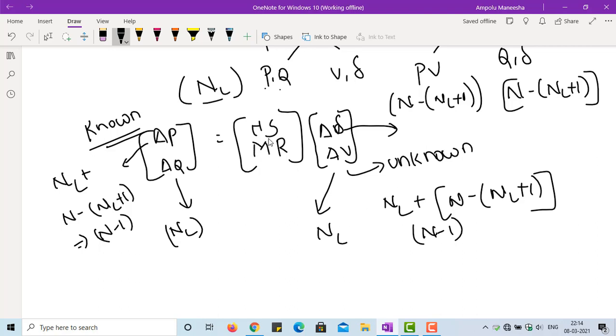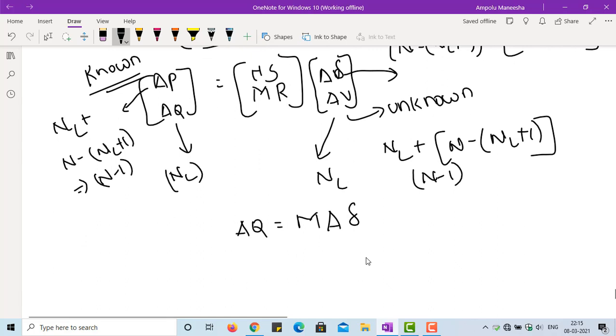And M is related to delta Q and delta delta. So delta Q is equal to M into delta delta, right? So how many delta Q's we know? That is NL.